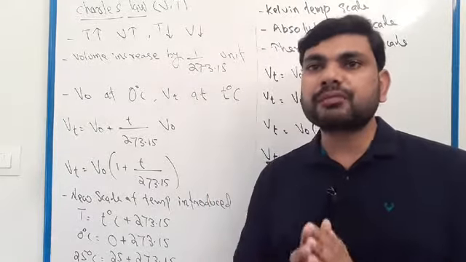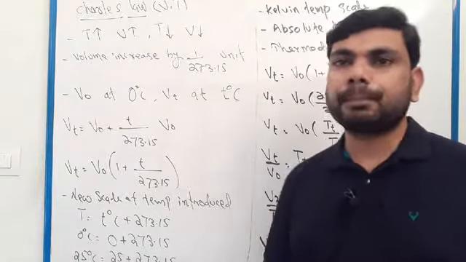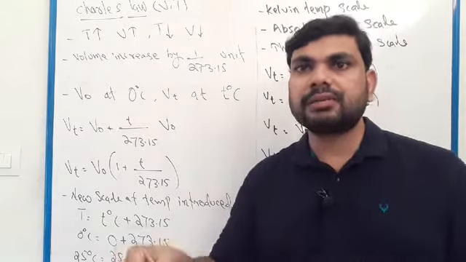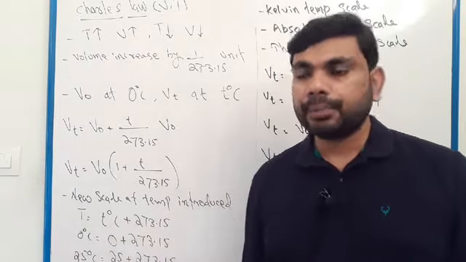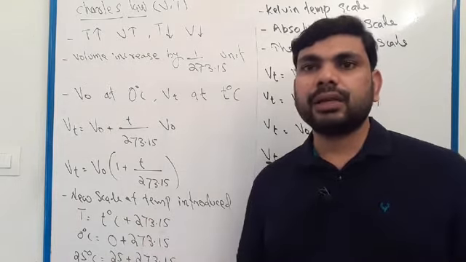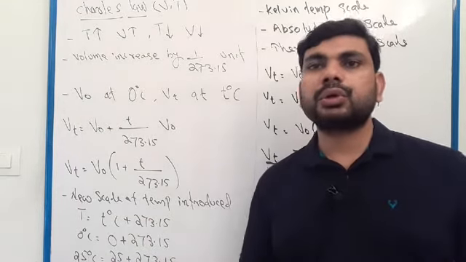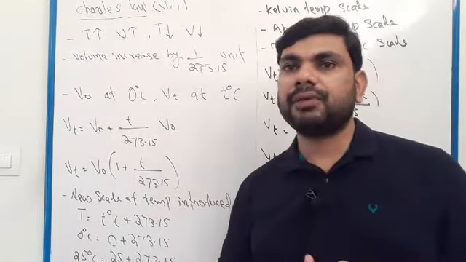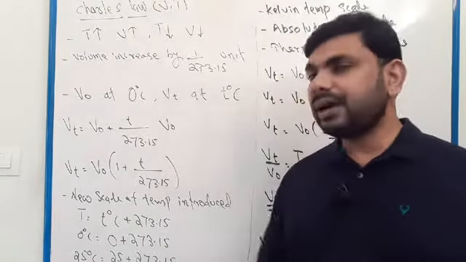Based on this observation, in the new scale of temperature 0 degree Celsius is equal to 0 plus 273.15. Okay, and the unit of this new temperature is Kelvin. So 0 degree Celsius equal to 0 plus 273.15 Kelvin.